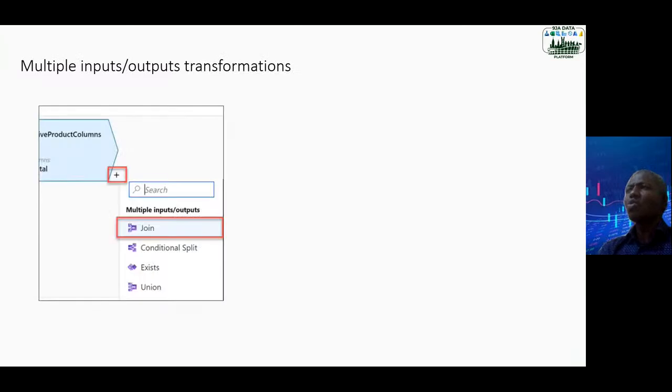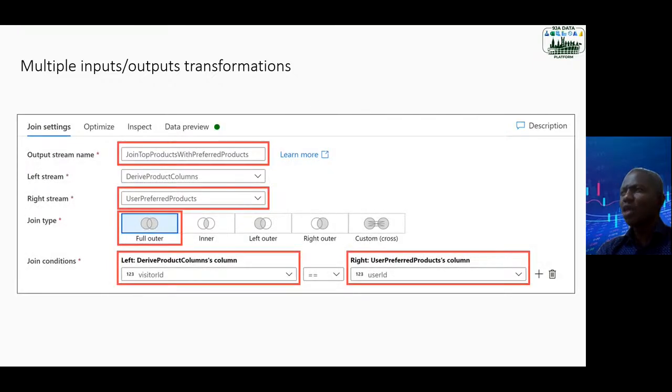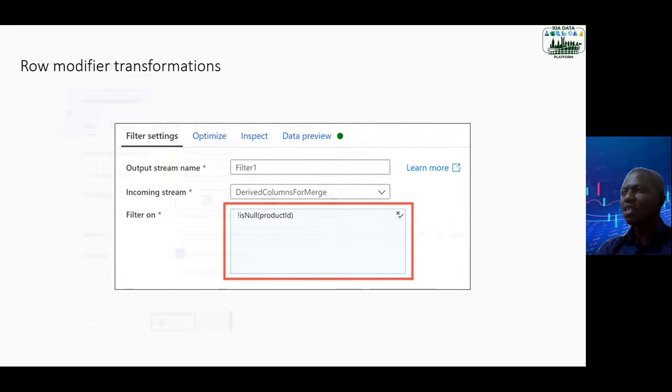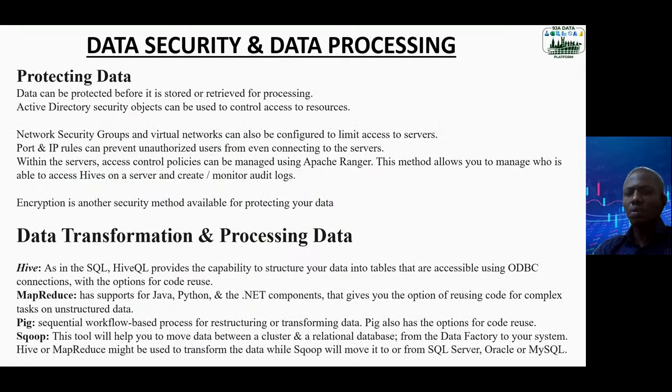There are also multiple input and output transformations that can be brought together in the Data Factory. Okay, there's the row modifier transformation. So all these things are there for you. Sink transformation, all in Data Factory.